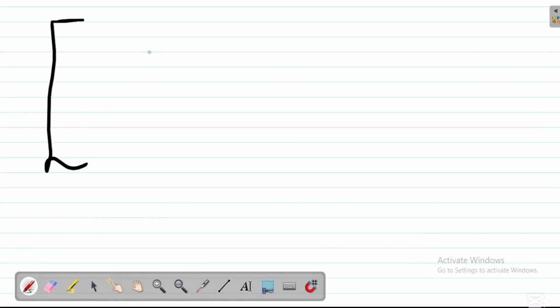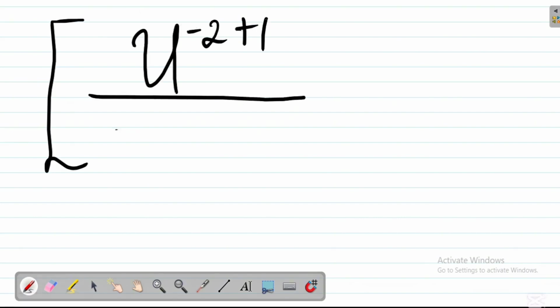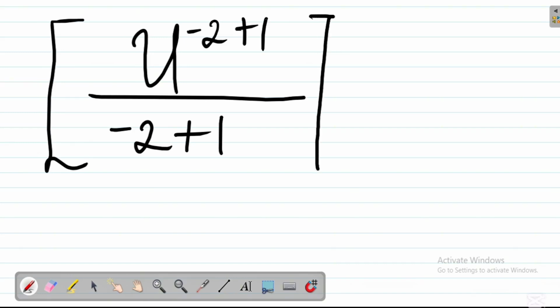if we integrate u raised to the power negative 2, you would have u raised to the power negative 2 plus 1 all over negative 2 plus 1. Remember, in integration, you add 1 to the power and then divide by the power plus 1.